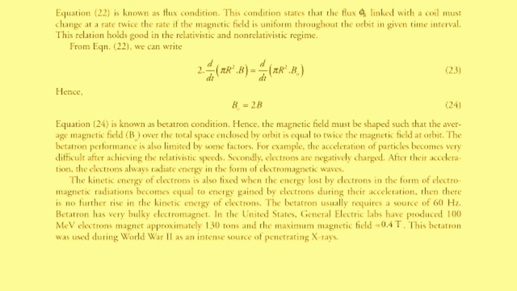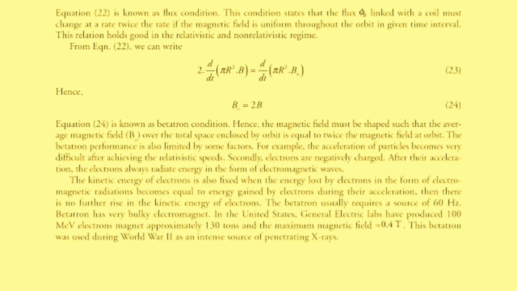The Betatron performance is also limited by some factors. For example, the acceleration of particles becomes very difficult after achieving relativistic speeds. Secondly, electrons are negatively charged. During acceleration, the electrons always radiate energy in the form of electromagnetic waves.